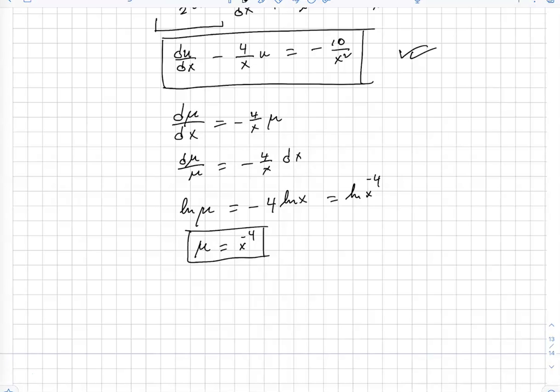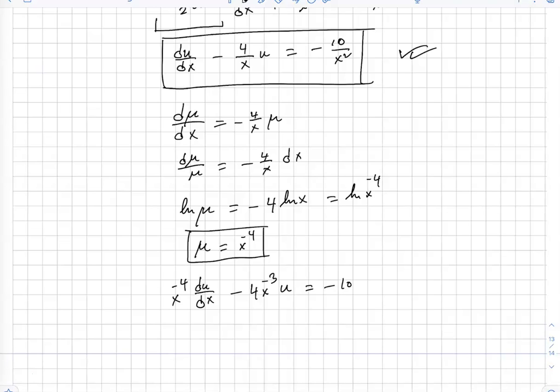Now once we know the integrating factor, what we do is we take this linear equation, multiply both sides by x to the power minus 4. We multiply by x to the power minus 4, 4x to the power minus 3 minus 10 x to the power minus 4.